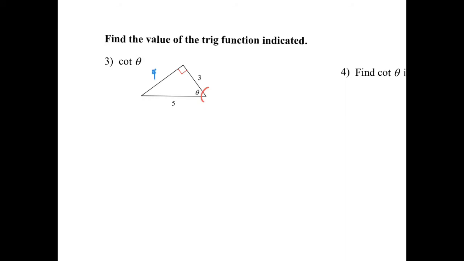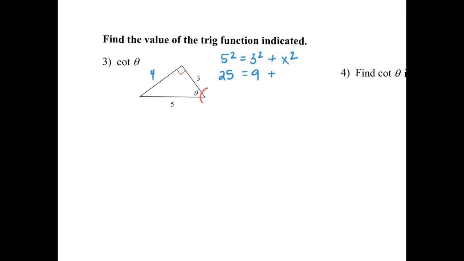If you cannot do that quickly in your head or you don't recognize it, it's absolutely okay to say 5 squared is equal to 3 squared plus x squared. So I have 25 is equal to 9 plus x squared, so x squared is 16, and the missing side is 4.